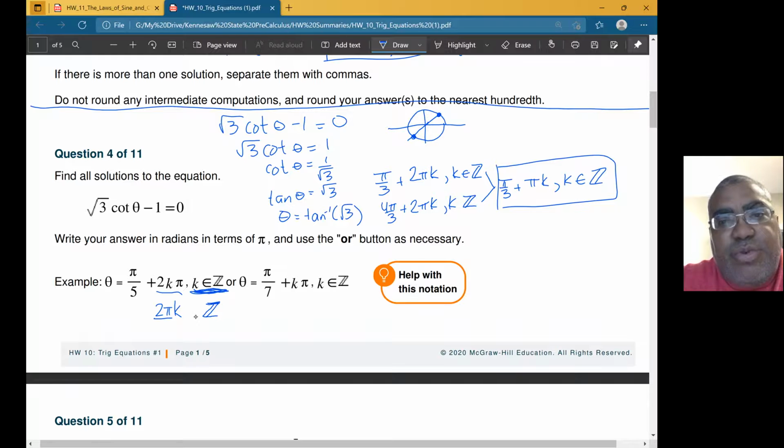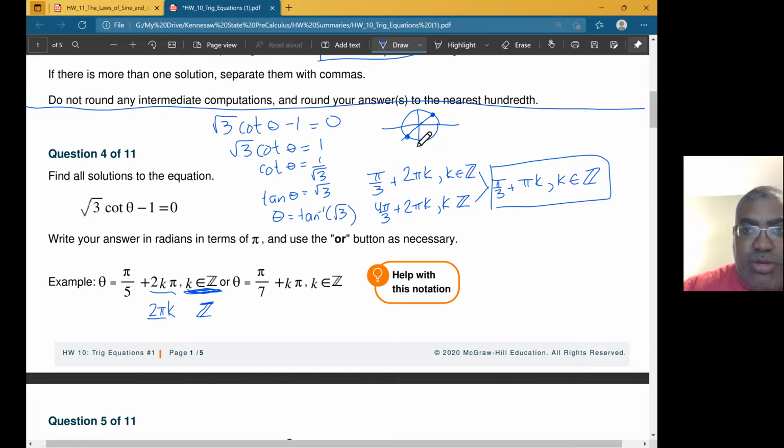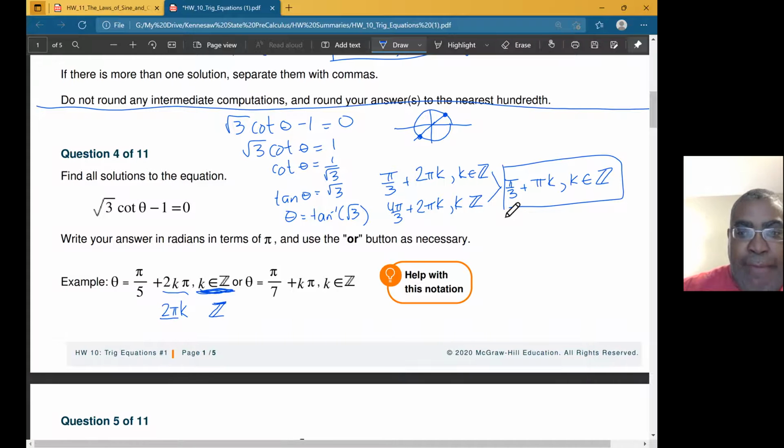Because from pi over 3 to 4 pi over 3 is pi apart from each other. And then we're going from here to here to here, so we keep going pi each time. So this is just a simplified way to do it. You can't do this every time, but when you can do it, you should do it.